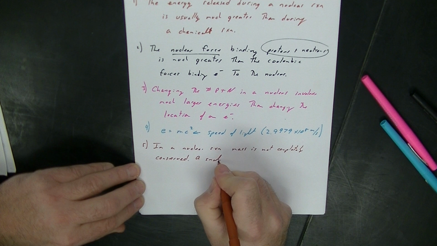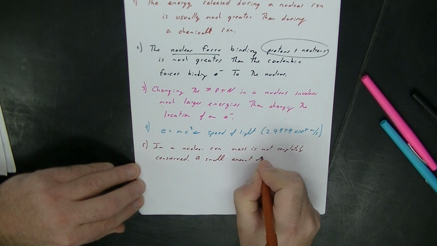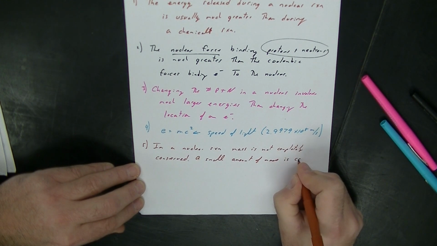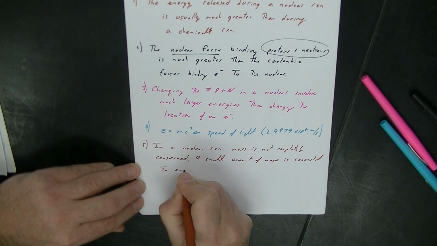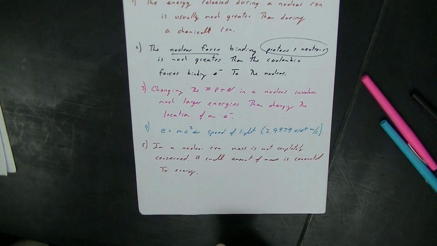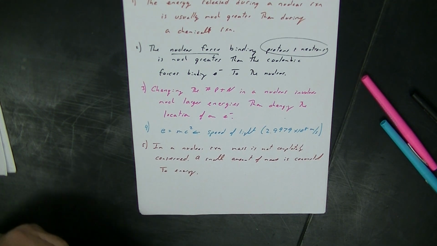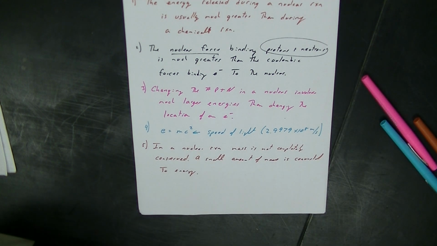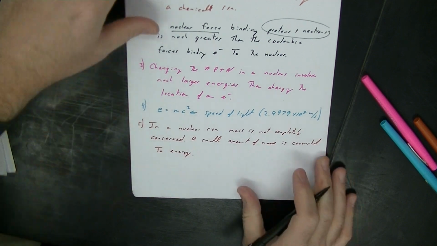A small amount of mass is converted to energy. How much energy comes out?